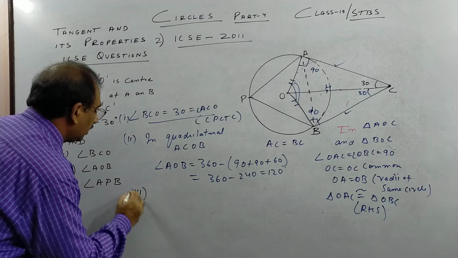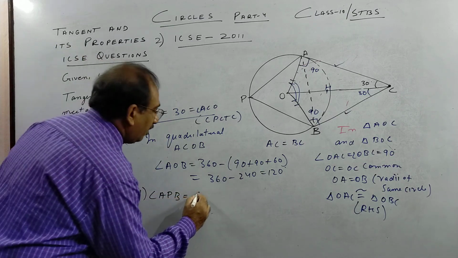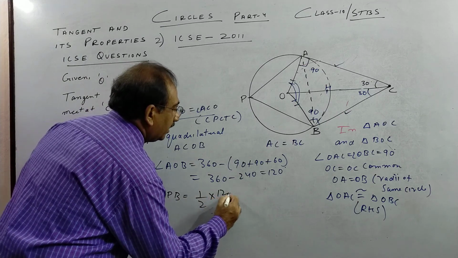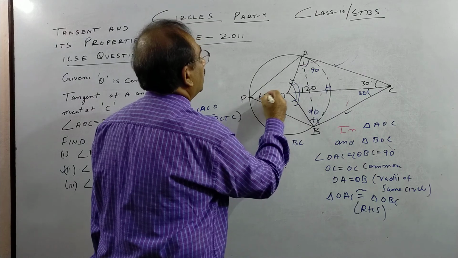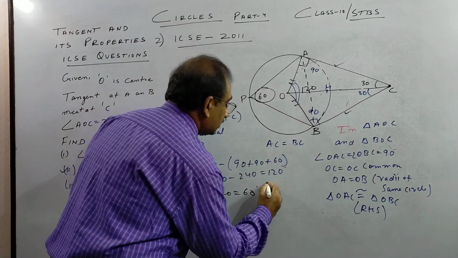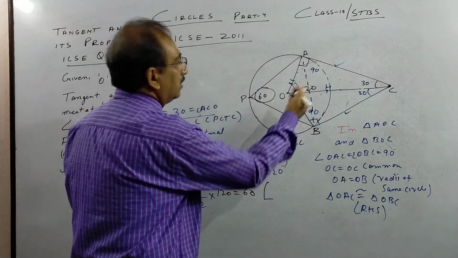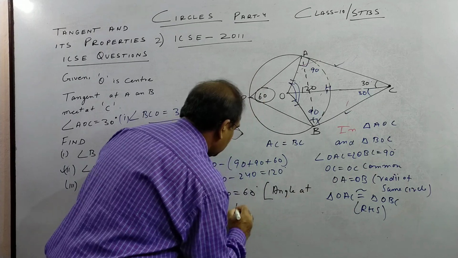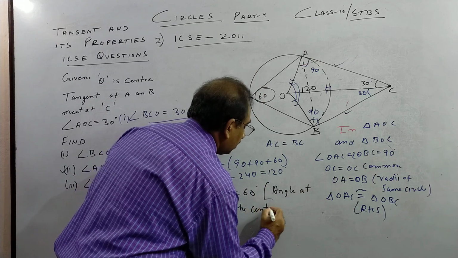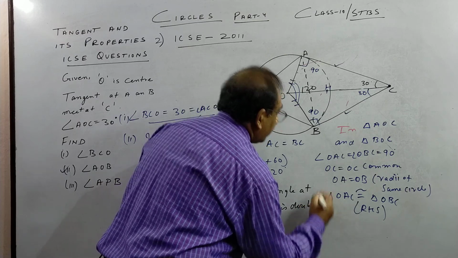So third part, children, angle APB is half of 120 degree, because this is 120, this will be half of that, 60 degree. Why? Reason is very important, children. Angle at the center is double, or you can write angle at the circumference is half.